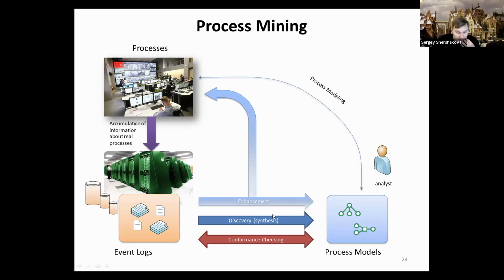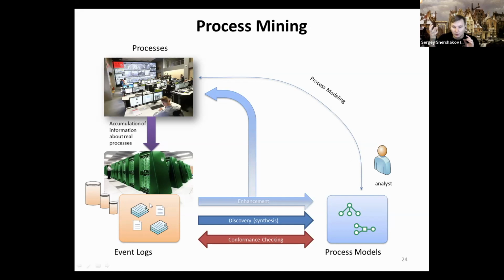Now we have a log and an automatically inferred or constructed model, and sometimes it is called discovering a model. We have digital traces, we have an algorithm, and we discover a model. This is the second task, the model discovery task. And finally, having some model and a recording of the actual behavior of the process.